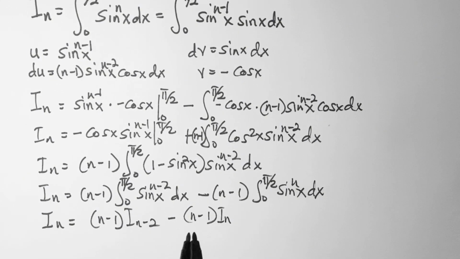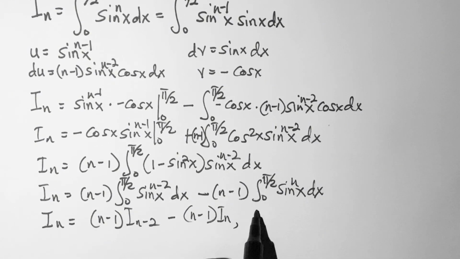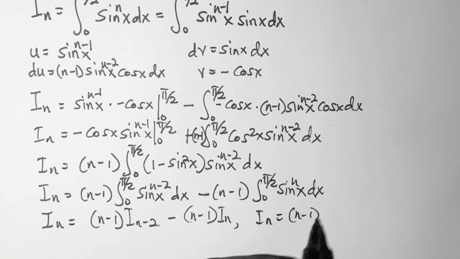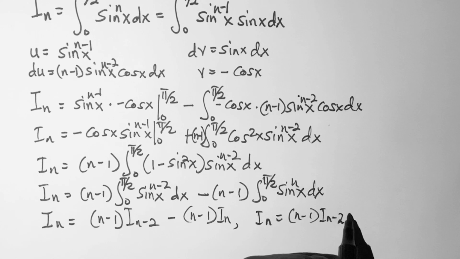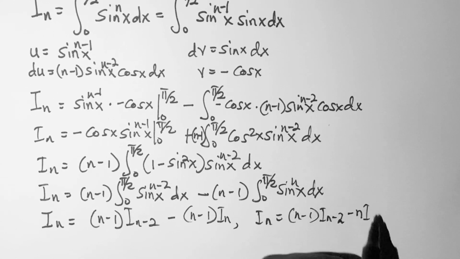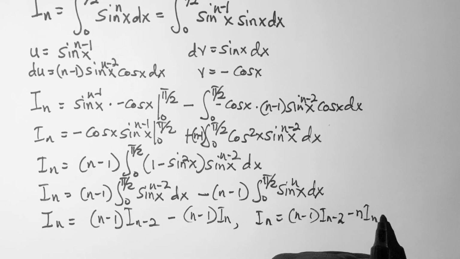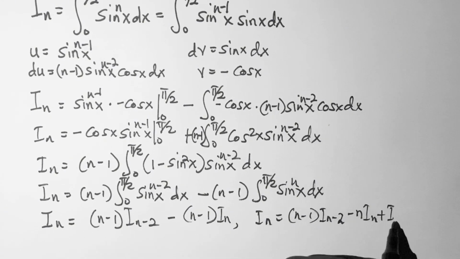If we further simplify, we can expand this. So I of n is equal to n minus 1 times I of n minus 2, then minus n I of n, then minus 1 times minus 1 becomes plus 1, so plus I of n.